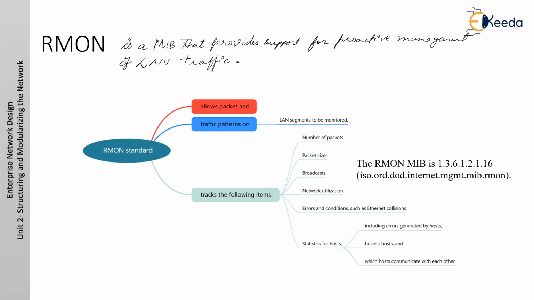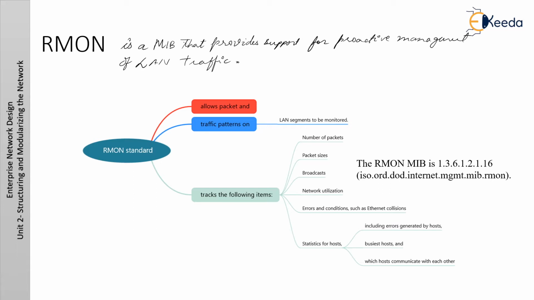RMON takes these items: number of packets, packet size, broadcasts, network utilization, errors, and conditions such as Ethernet collisions, and statistics for hosts including errors generated by hosts, and which hosts communicate with each other. So these are the different things.